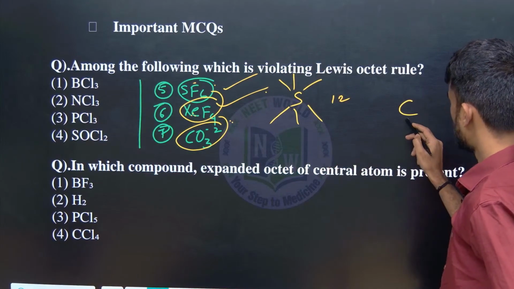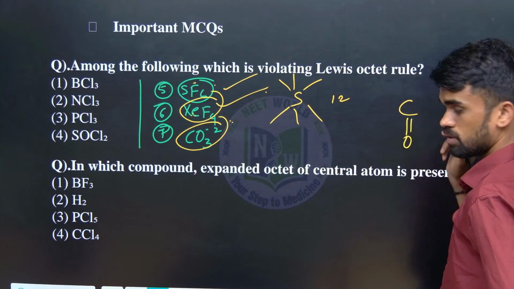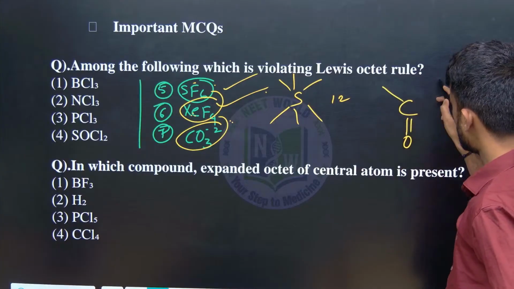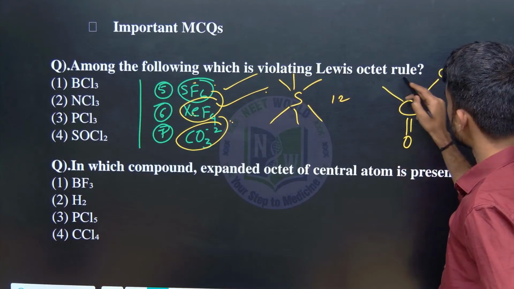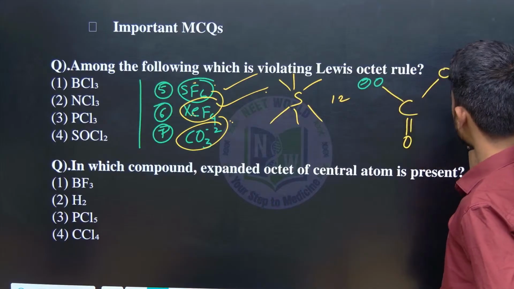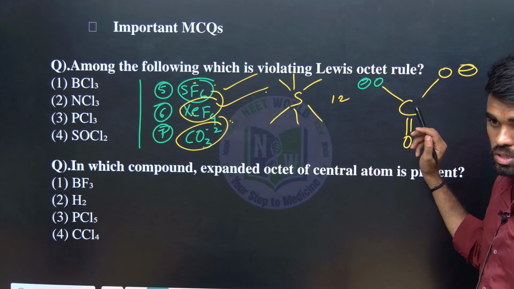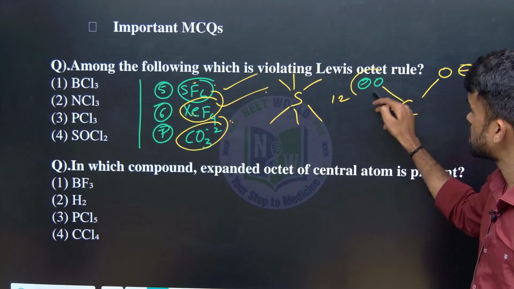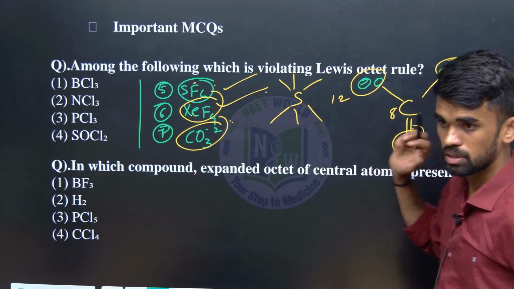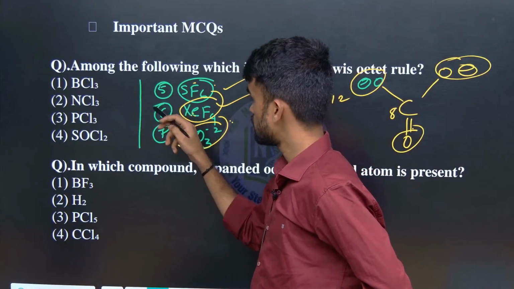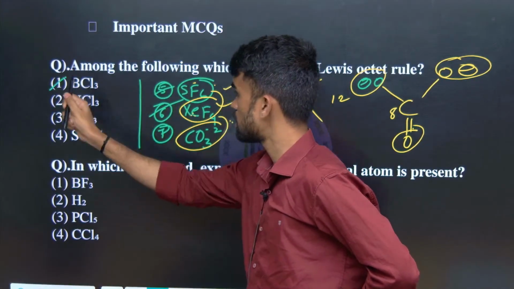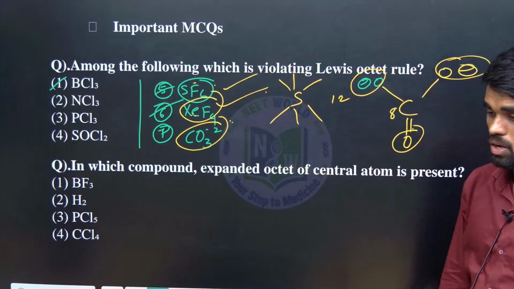Carbon, oxygen, like this, one more bond, here one oxygen with a negative charge, and one oxygen, the other satisfied. See, carbon having 4 bonds now, 8 electrons are satisfied, this is also 8, this is also 8, this is also 8. So this is satisfying. This one is not satisfied. That's it. Hope it is clear now.